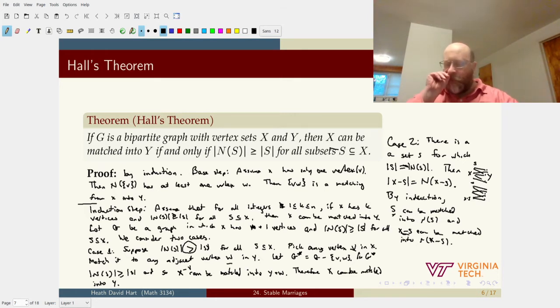So this is where we're using the induction hypothesis: we're applying the induction to the smaller sets S and X minus S. Then the union of these matchings is a matching from X to Y.